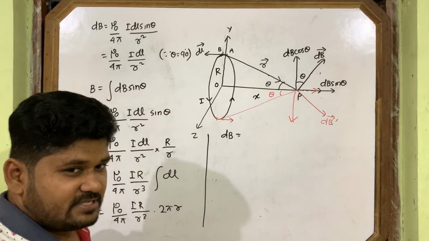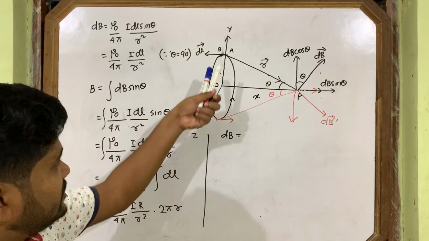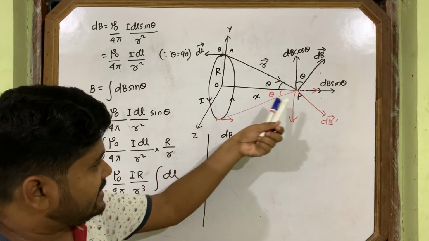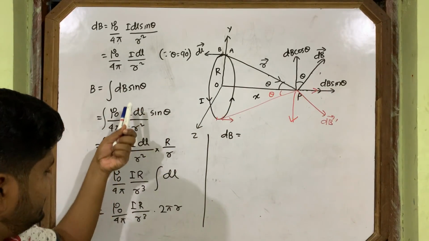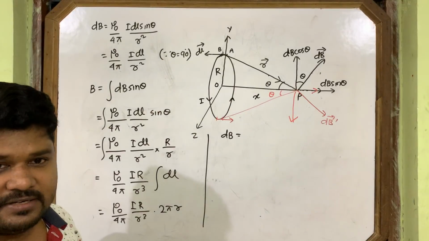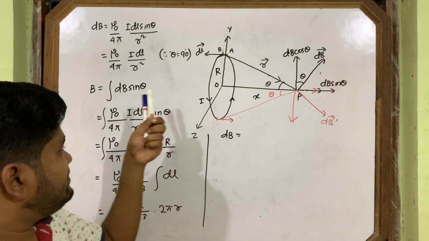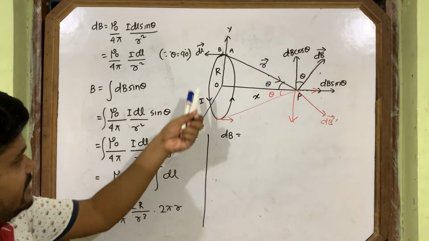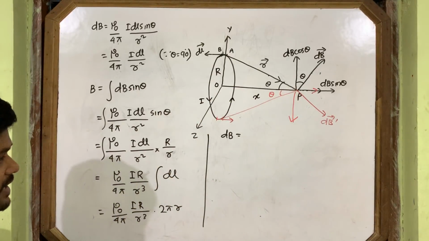Do you understand? Some books directly consider two small elements at a time, getting 2 dB sin theta, and then the integration is pi R. But I consider only one small element, dB sin theta, do the integration over the whole loop, and write 2 pi R.